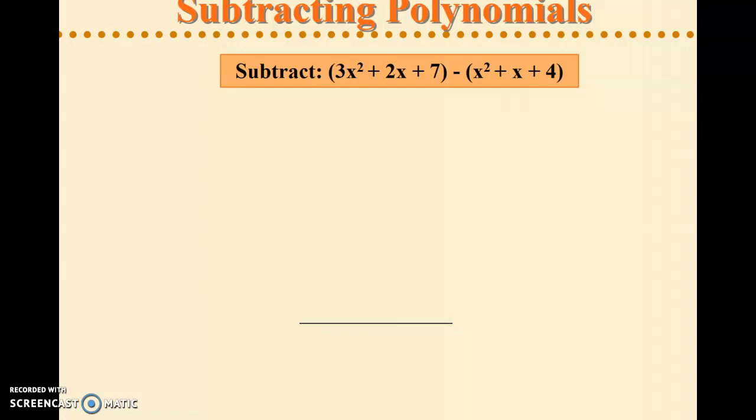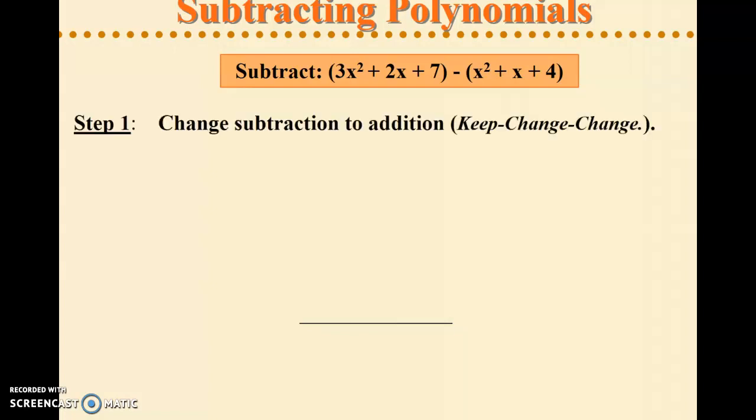So there's 2 ways that we can subtract. You have to remember to change subtraction to addition. So keep, change, change. You're going to keep the first parentheses. You change the sign in the middle, and then you change the signs of everything inside of parentheses. So here we change the minus to plus, and we change the signs on everything inside.